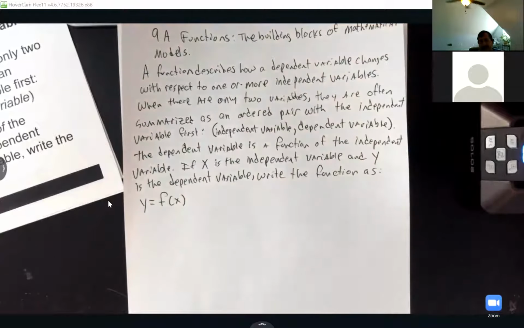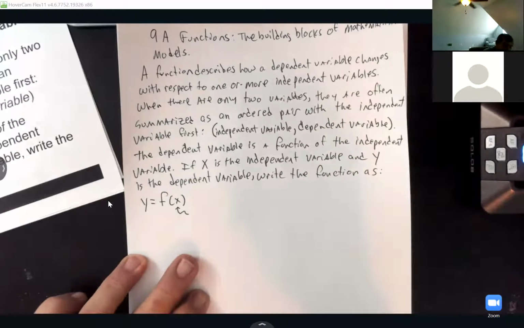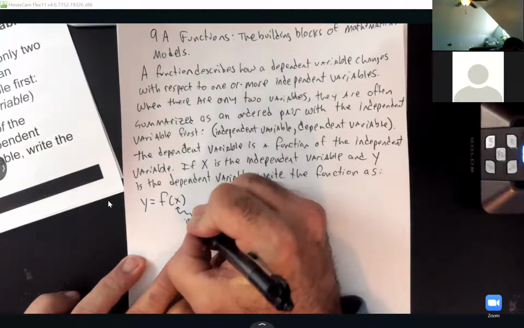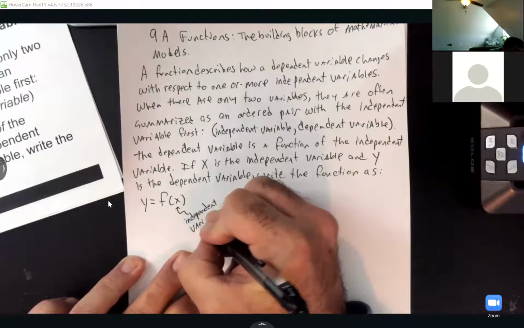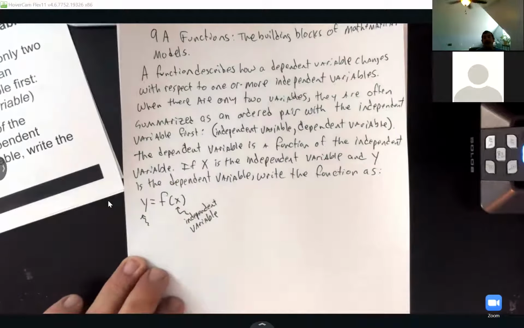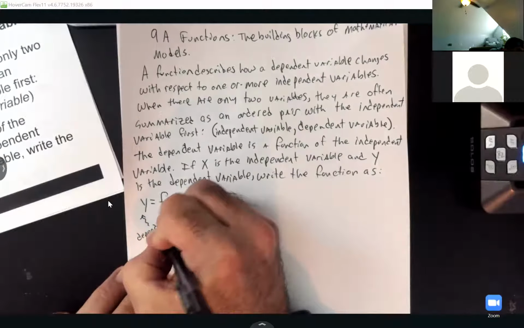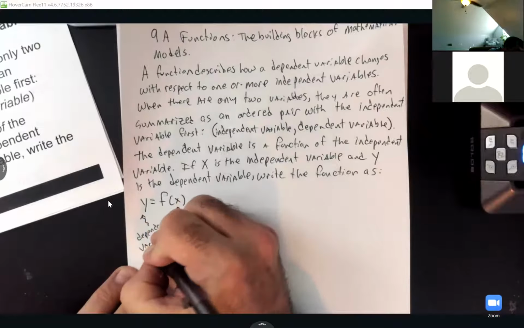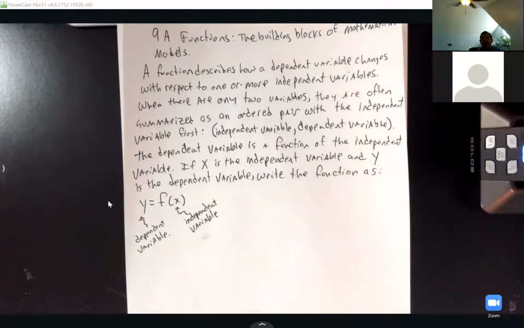And they use the f to just represent that it's a function. So what an x is, that's your independent variable. And then that y there would be your dependent variable. Okay, so they're just getting you used to notation on that page.